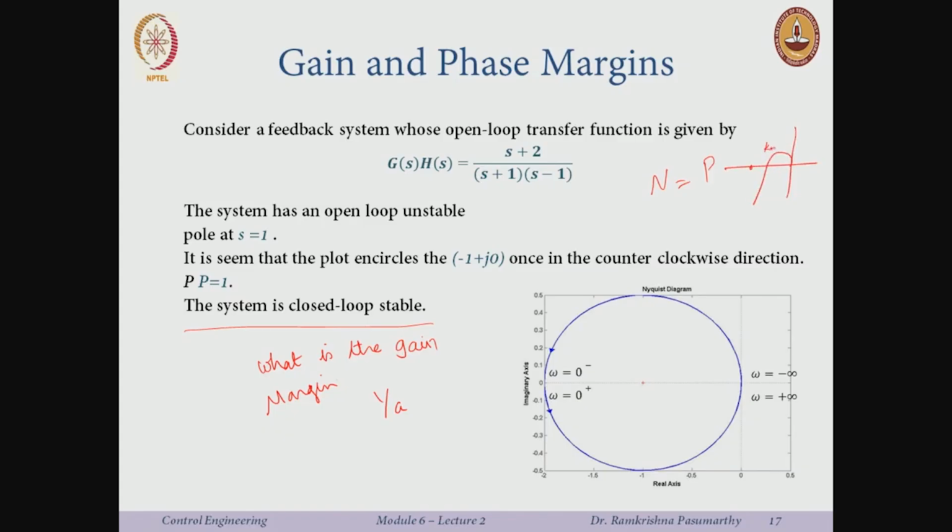This was A, this was the point -1 plus j0, 1 over A. Which means I am looking at the intersection with the real axis. See where this intersects the real axis. It intersects here. What is the magnitude? It's 2. Now, is the gain margin 1 over 2? We'll see what that means.